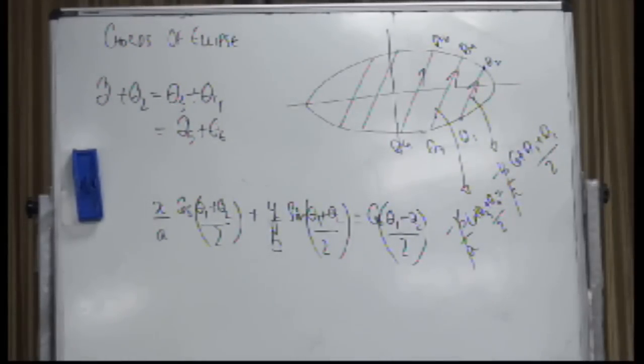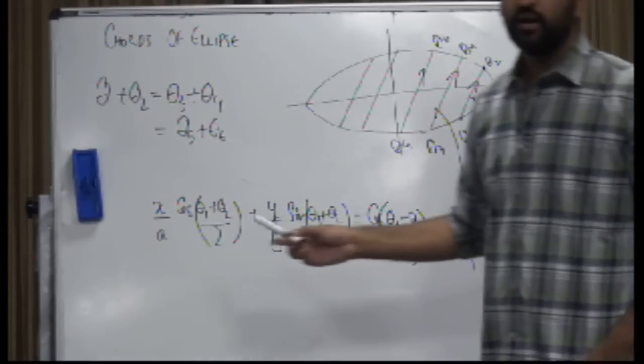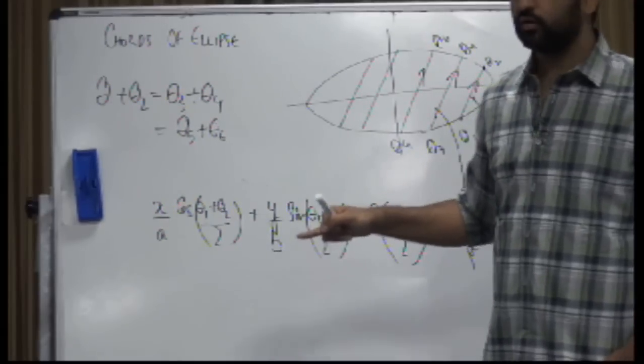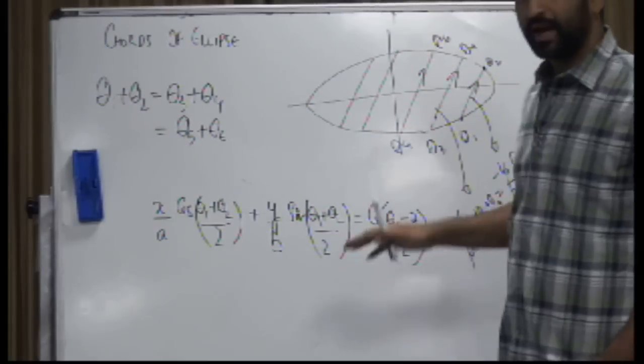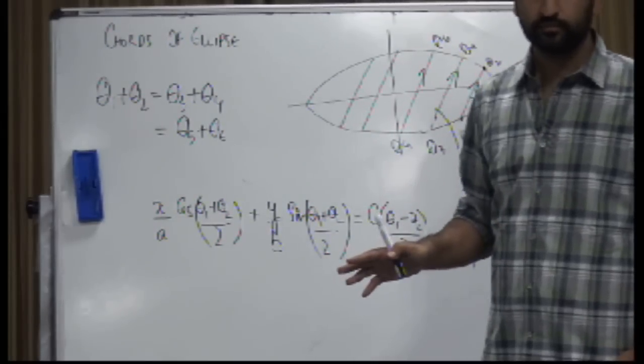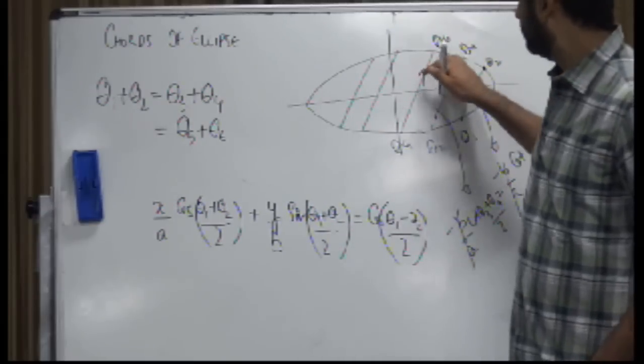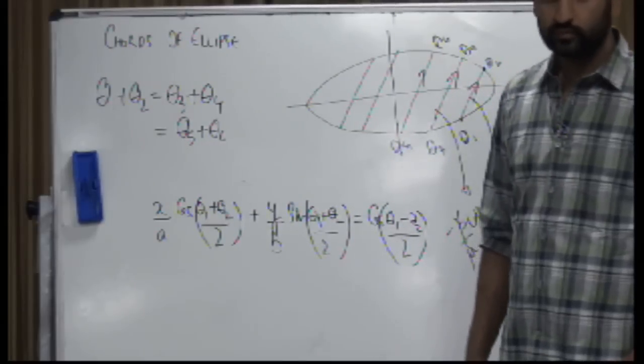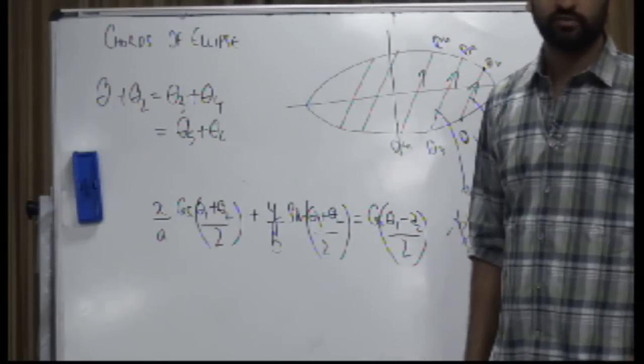Okay. So this is a very important property, that the endpoints of the parallel chords of an ellipse, okay, the sum of the eccentric angles will be constant. Sum of the parametric coordinates will be constant. Okay.